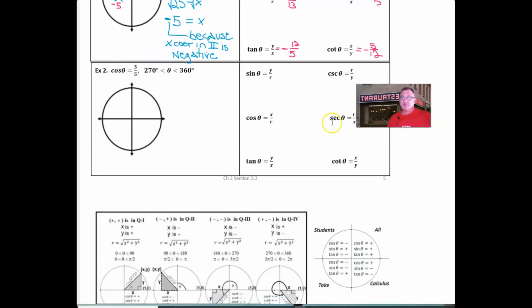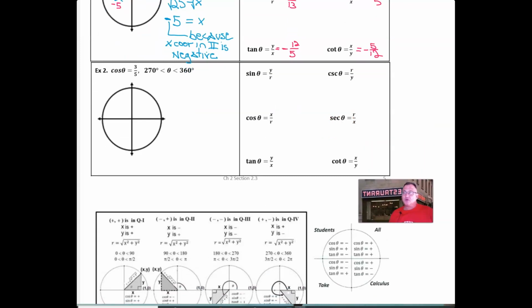Okay, our next example. In this example, we're told that the cosine is positive.